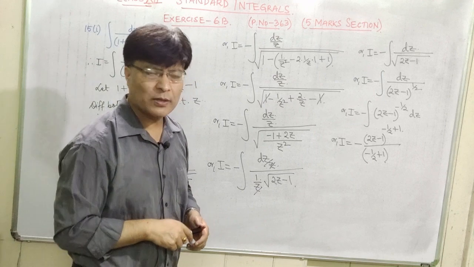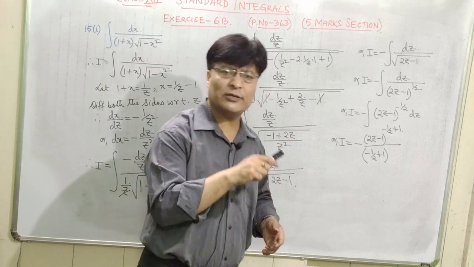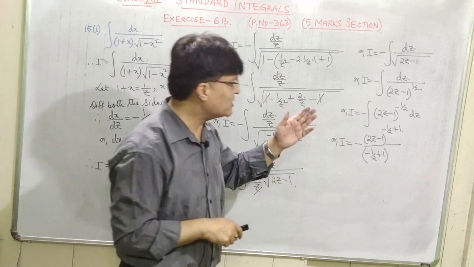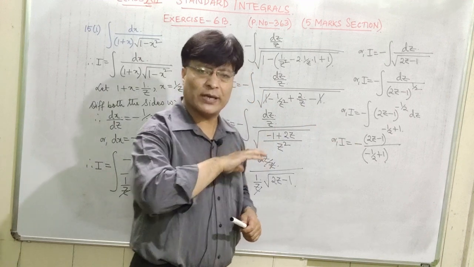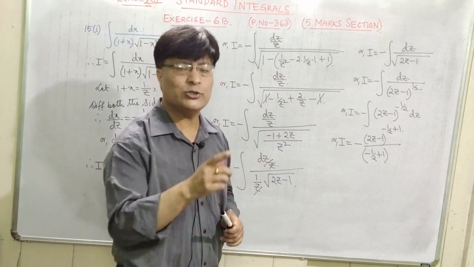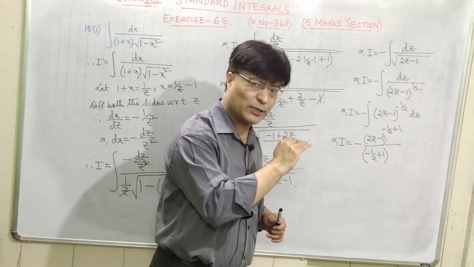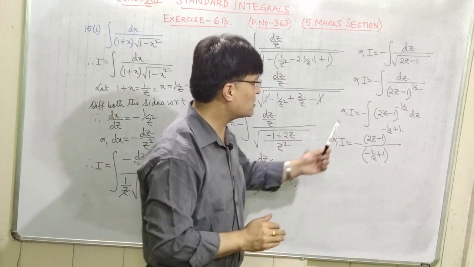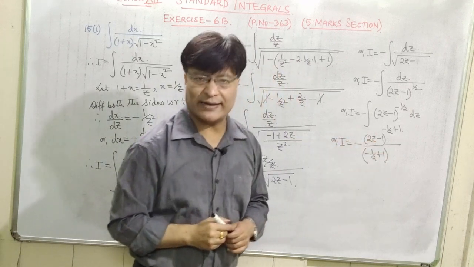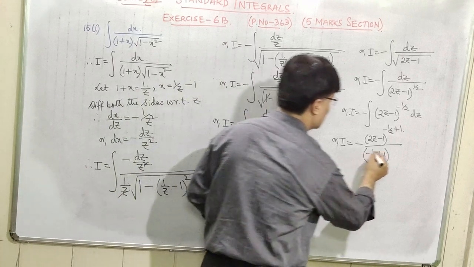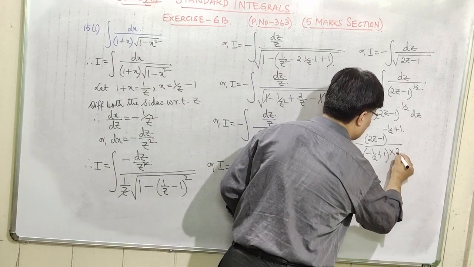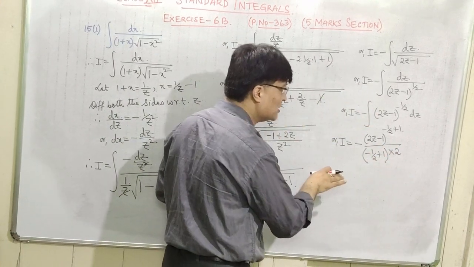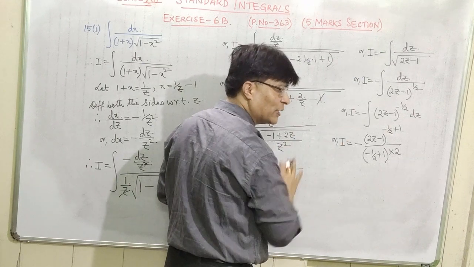So it is only 2. But in case of differentiation you have to multiply it by 2. But this is the case of integration, so you have to divide it by 2. That is, you have to divide the expression by the differentiation of the function which is taken as z. So into 2, that is in the denominator, not in the numerator.